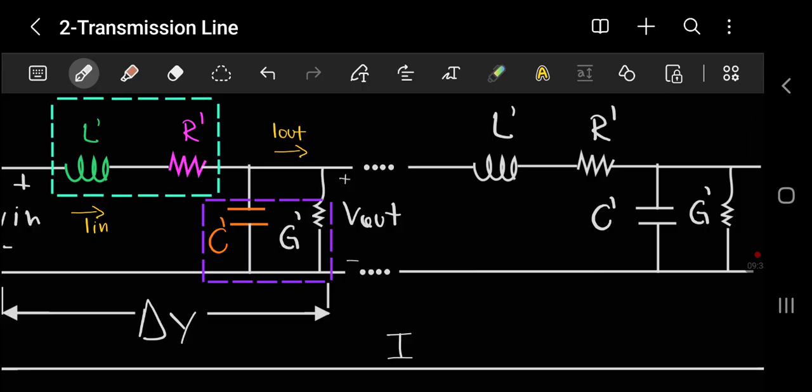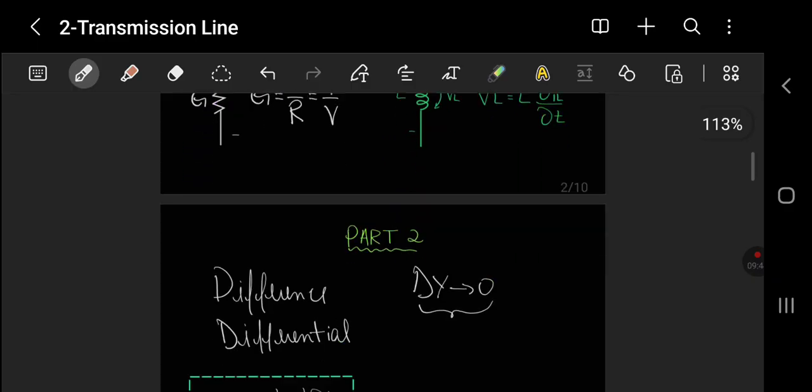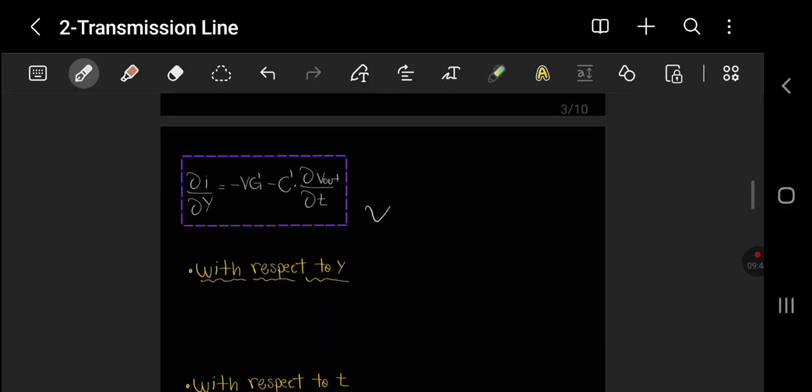Now let's do the same differentiation process for this other partition of this structure.